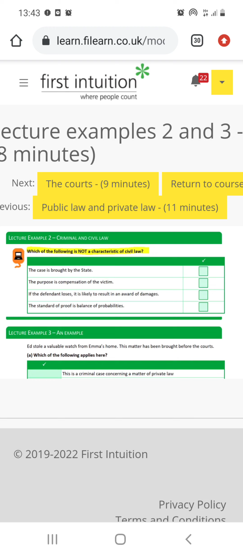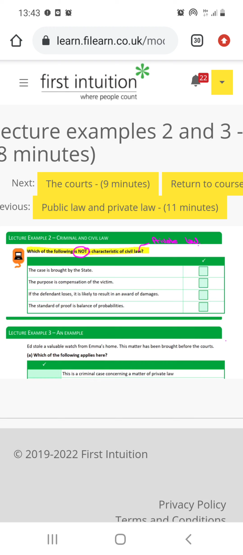So this one is about which one is not a characteristic of civil law, which one is not a characteristic of private law. And if we remember correctly, back to our table, looking at civil law, looking at private law, this is differences and disagreements between individuals.